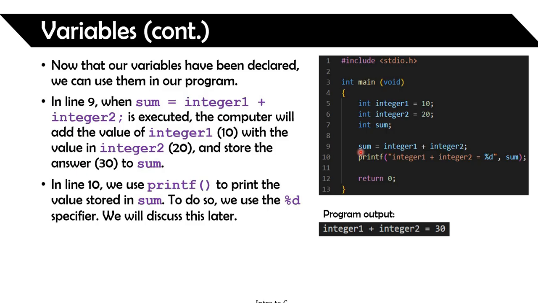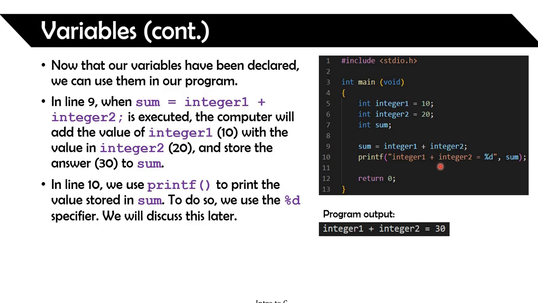Where you saw the hello world, that gives an output terminal. But in order for you to display anything in the output terminal, you need to use one of the functions inside the standard input output library, which is the printf function. So we will use this printf function to print out the value of sum.